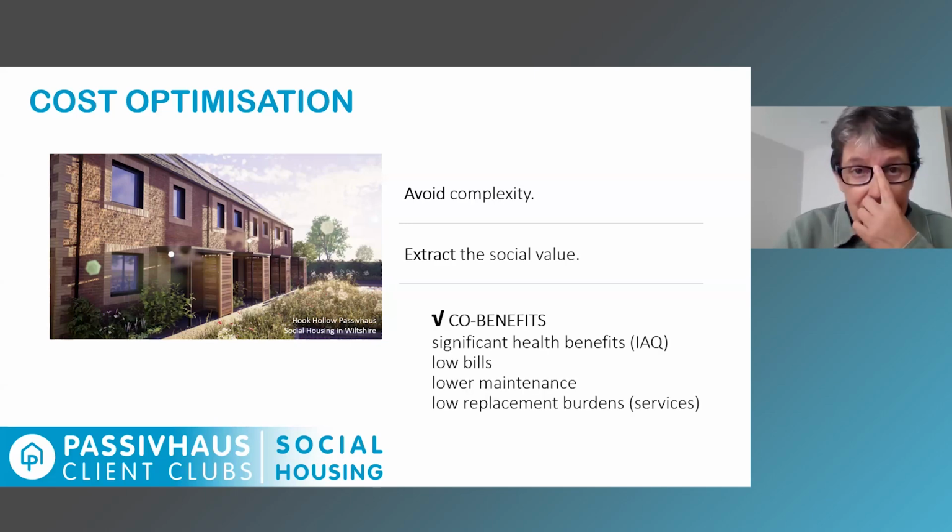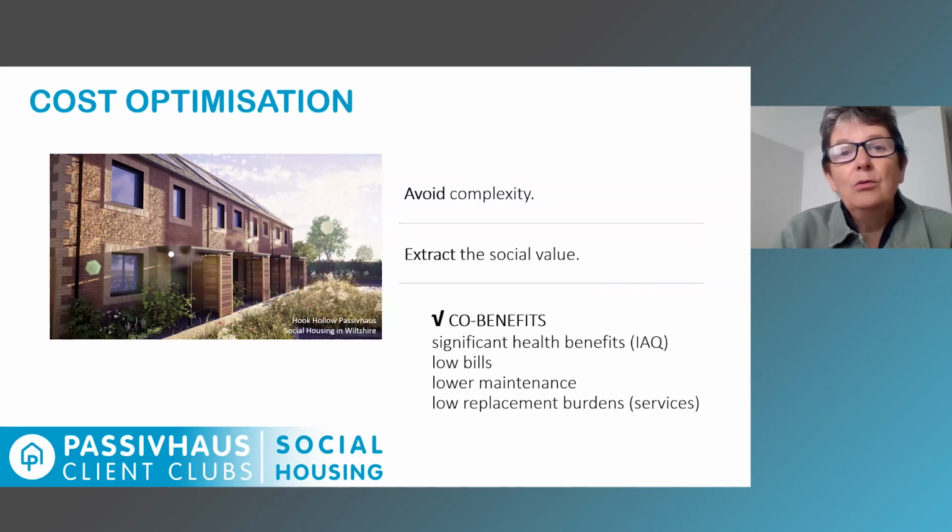And by extracting the social value, I mean all the co-benefits, and for me especially the significant health benefits that come along with the Passive House indoor air quality. And then there's also the lower maintenance and replacement burdens that are possible with the Passive House route to low carbon housing in terms of services, which has also been touched on, which I think is important for housing associations and councils to be picking up on.